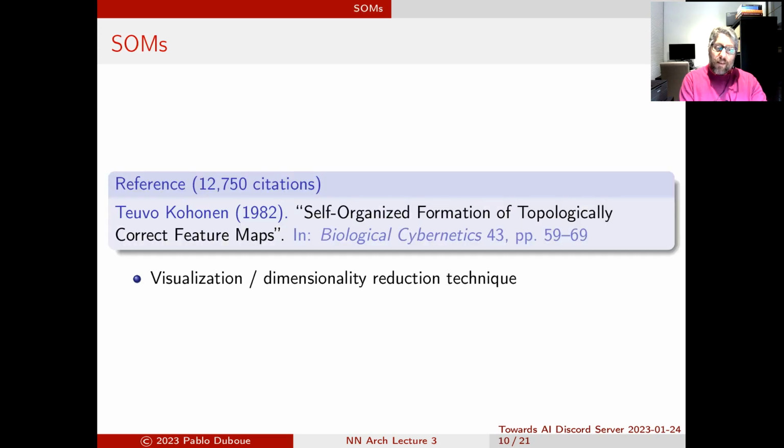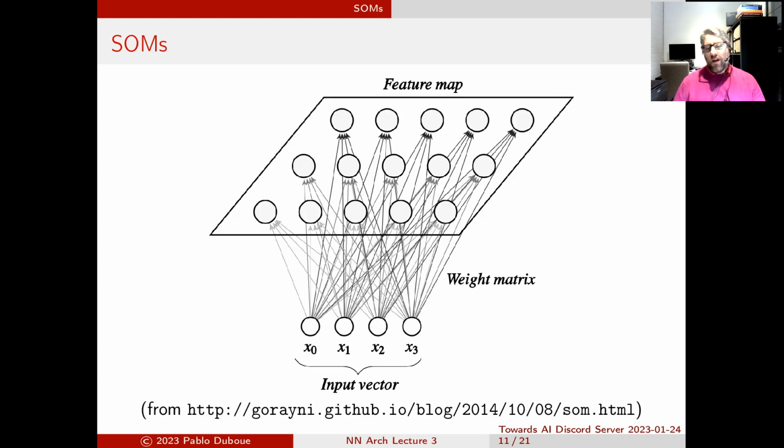Okay, so another topic that is very popular even outside neural networks are the self-organizing maps from Teuvo Kohonen, also from the 80s. So this is a dimensionality reduction technique, and the intention here is you have these input vectors, and you're trying to learn these weight matrices to produce a feature map, such that then you can map different inputs to locations in this feature map.